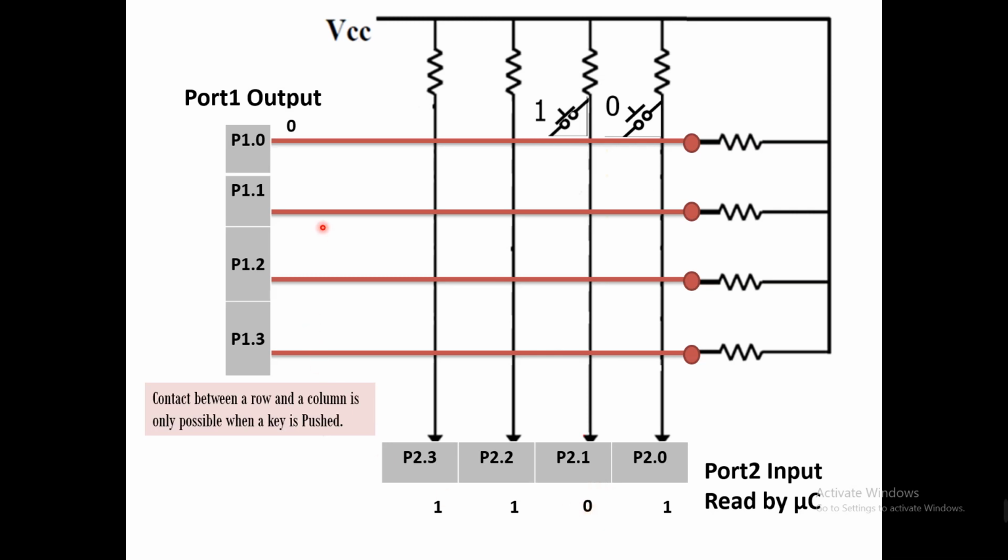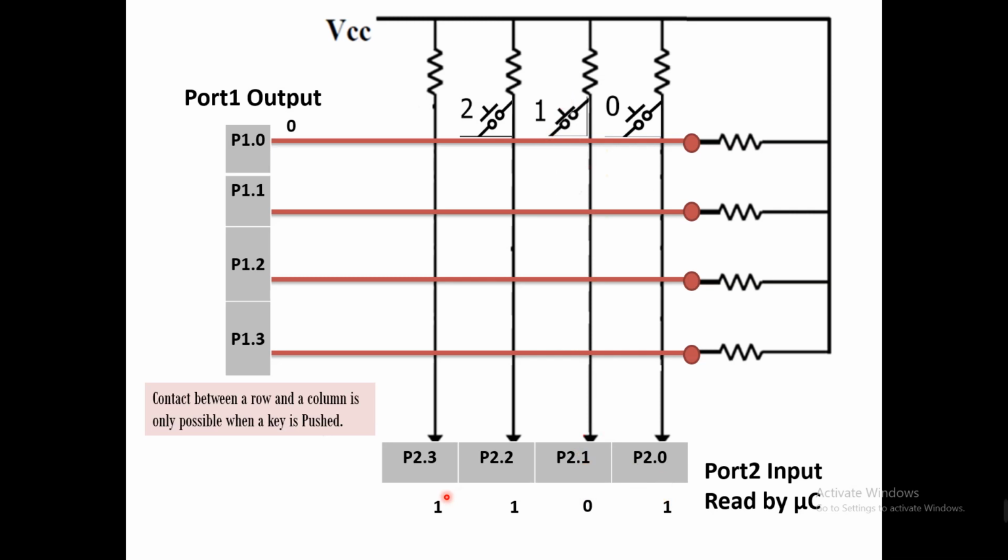So what we have seen in this scenario, when P1.0 was set to 0: if we press switch 0, then bit 2.0 becomes 0. If we press switch 1, then bit 2.1 becomes 0.